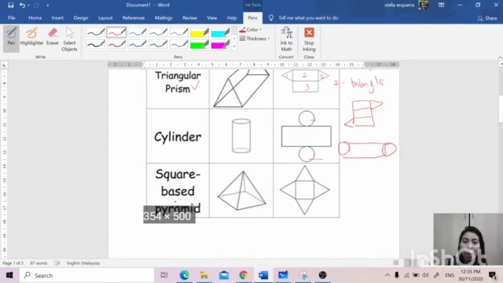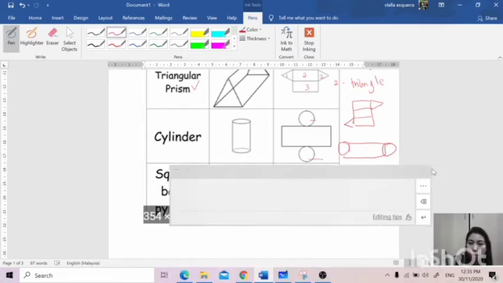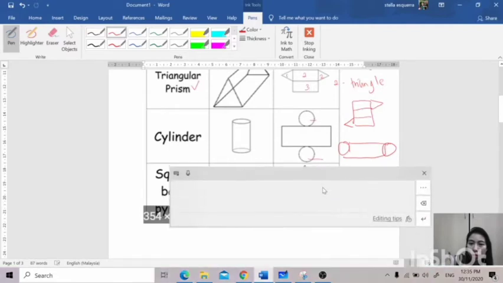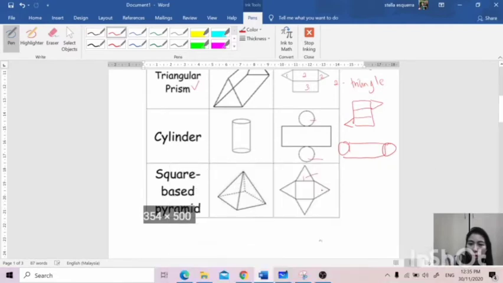And a square base pyramid: this is a pyramid. It has 4 triangles, 1, 2, 3, and 4 triangles, and 1 square. So this is a square base pyramid.